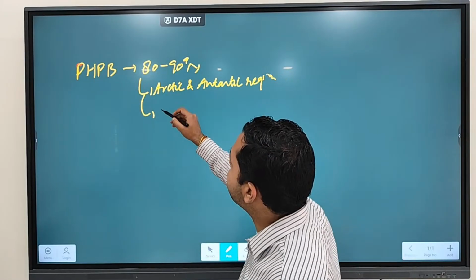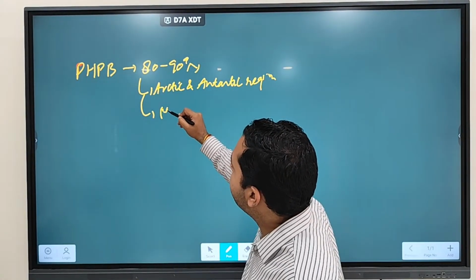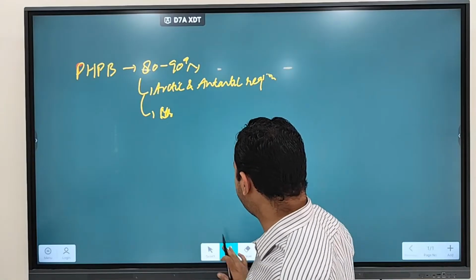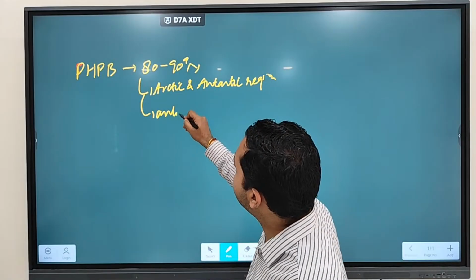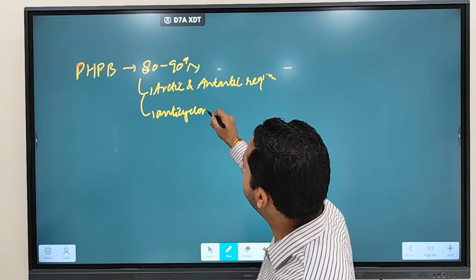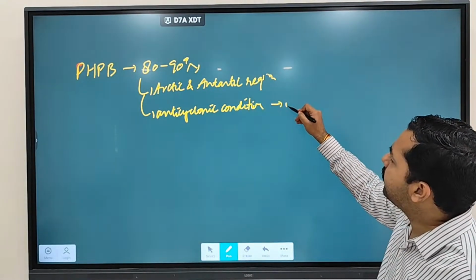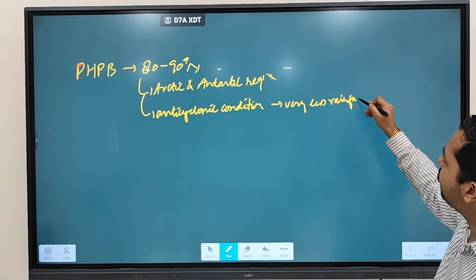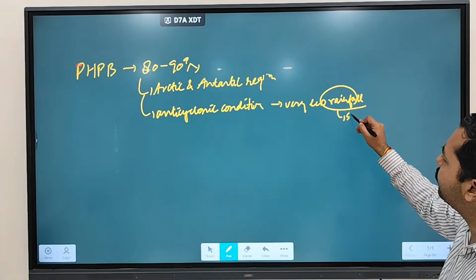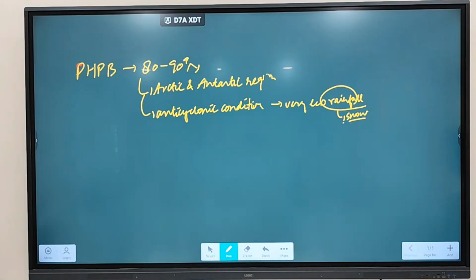As we discussed, high pressure means what? High pressure means anticyclonic conditions are there. Anticyclonic means rainfall will be very less, and mostly rainfall happens in the form of snow. Whatever rainfall happens is in the form of snow, not in the form of water. Very little rainfall happens in this particular region.